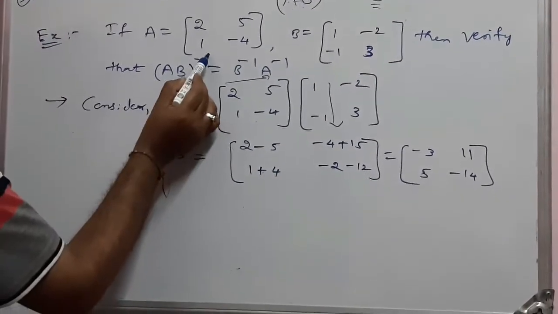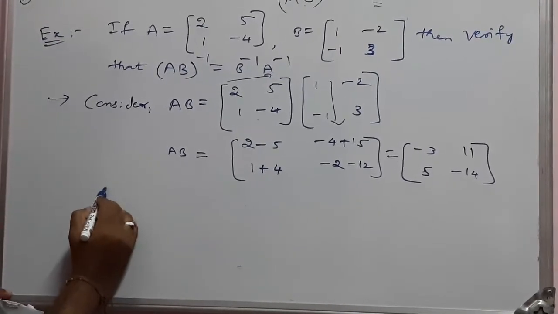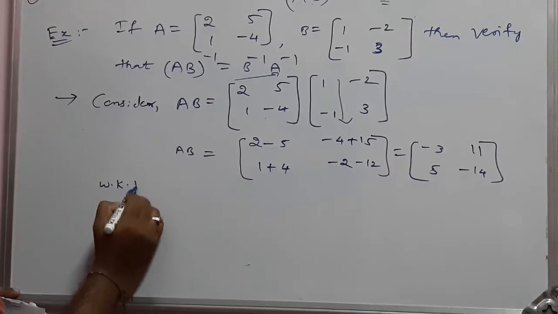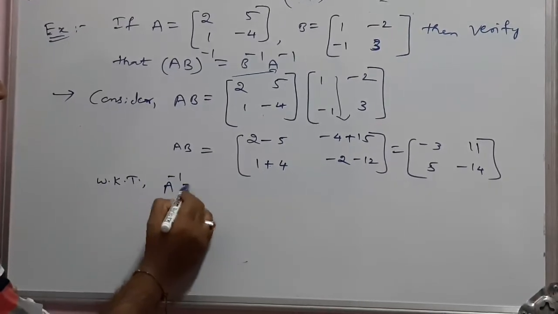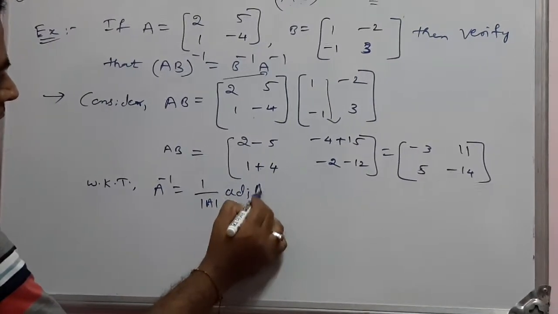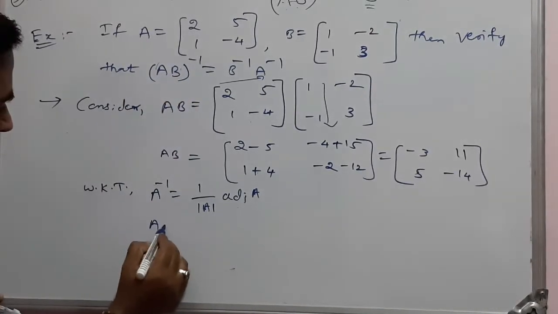Then on the left-hand side we have (AB) inverse. We know that the formula for the inverse of a matrix is 1 by determinant of A into adjoint of A. Here instead of A we have AB, so replace A by AB.